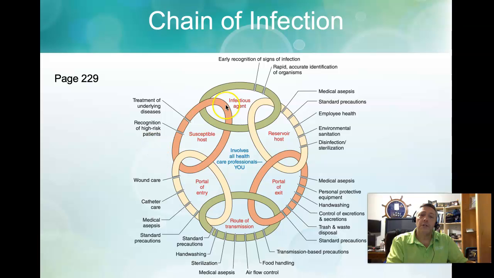So here you can see that your first link or element, and again this is in Chapter 10, is the infectious agent. Then out to the side of each link or element are ways of breaking that individual link.